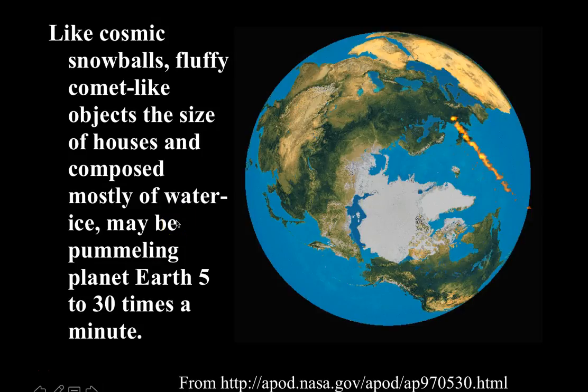Other things that are occurring, it's roughly about 300 tons of asteroid material that is sort of floating into the Earth on any particular day. About 10% of that is water.